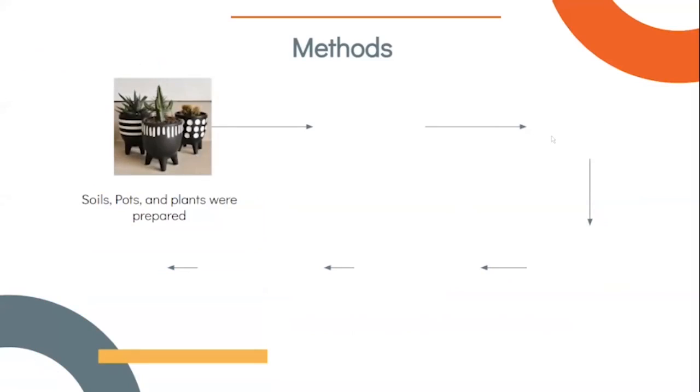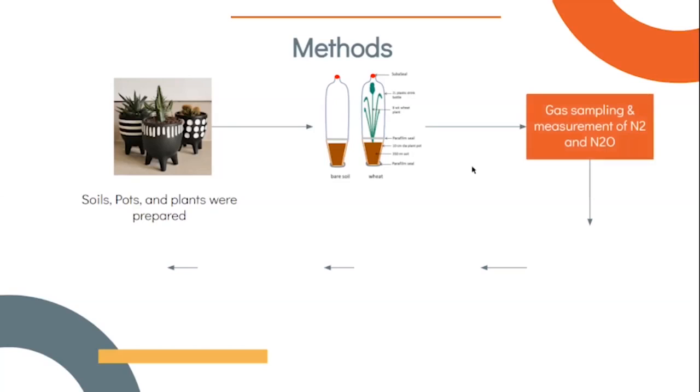So for the method, soil, pots, and plants were prepared. Then, when plants reached stem elongation, the soil was adjusted to create the anaerobic condition conducive to denitrification, creating closed chambers. This was followed by gas sampling and the measurement of nitrogen and nitrogen oxide.